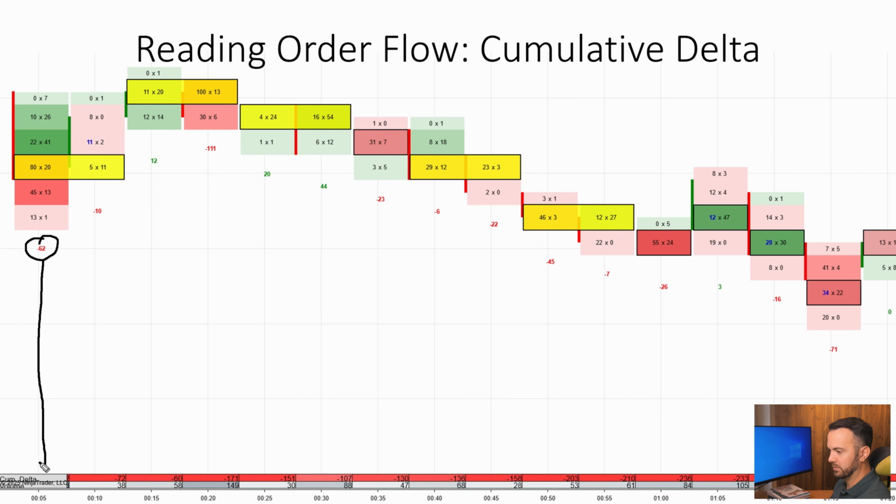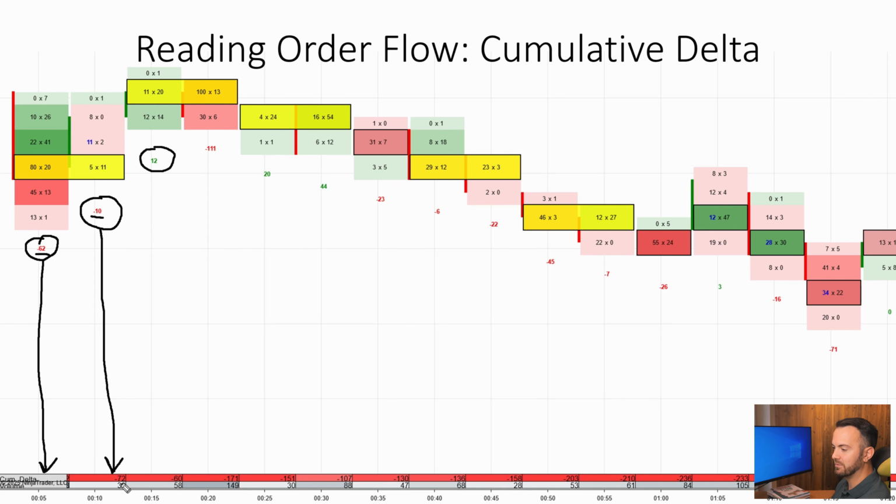It shows in here, but it's not really visible, it's hidden behind this. Anyways, the next delta is minus 10. So minus 62 minus 10 is minus 72, right? That's the cumulative delta, minus 72. It shows how delta was developing since the start of the day. The next delta is positive, it is 12.